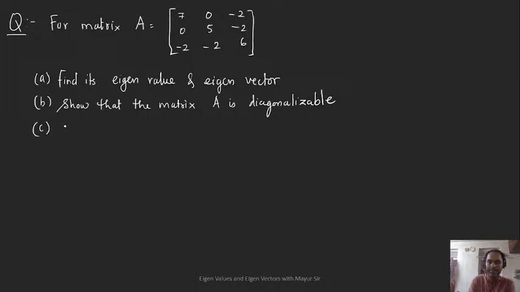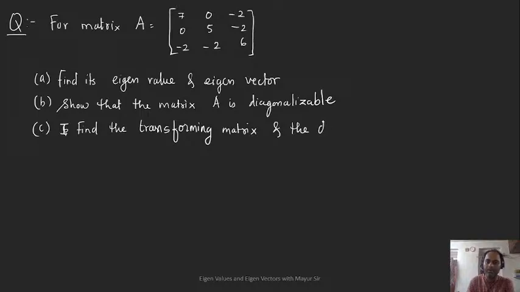Third part is find the transforming matrix and the diagonal matrix of A.